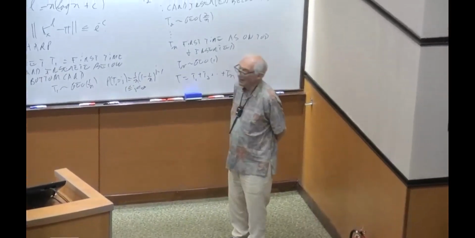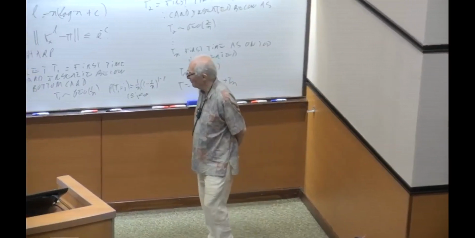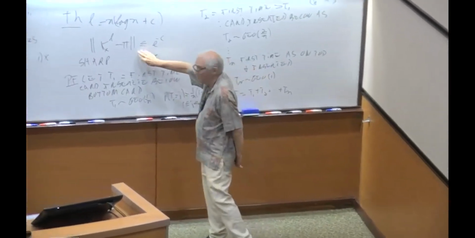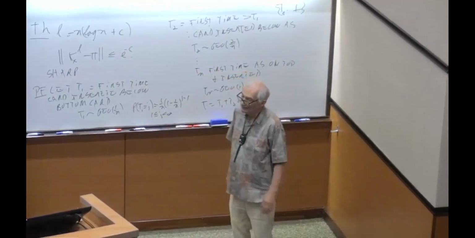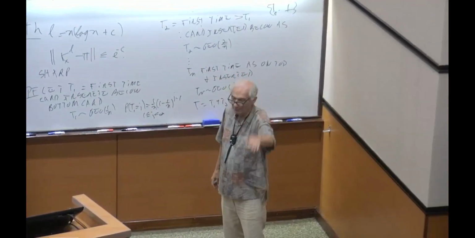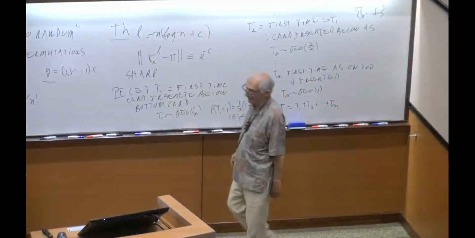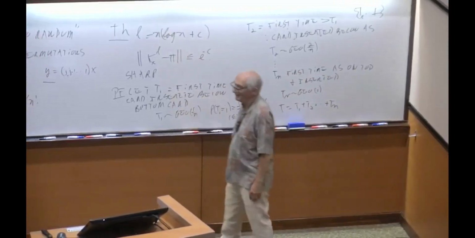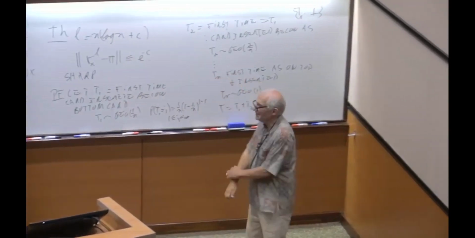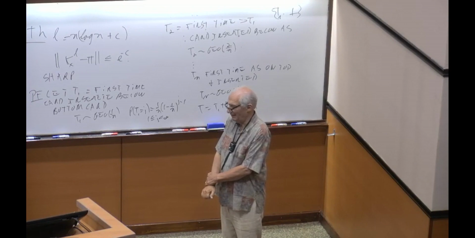I didn't talk about lower bounds, but I did prove this theorem. By sharp I mean there's a reasonable constant such that if you go a little less than n log n plus c n, the distance is far.